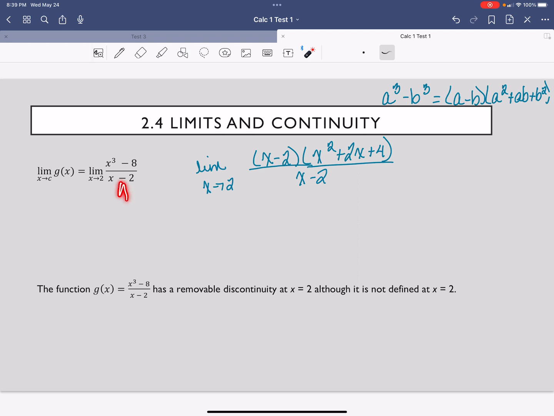There's not a vertical asymptote right here because that cancels out. I know you guys did a little bit of that in Math 112 where you have the hole in the graph. That's what we're looking at right here, a hole in the graph. That makes it a removable discontinuity in this situation.